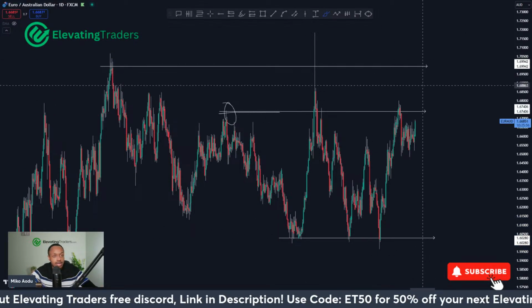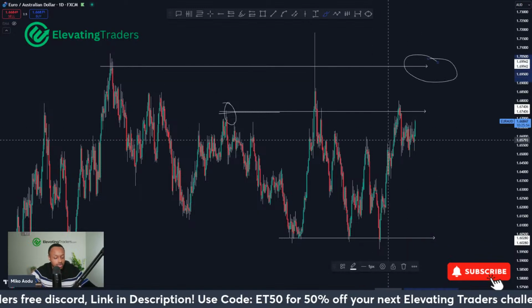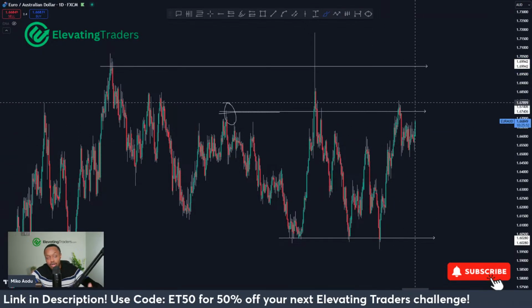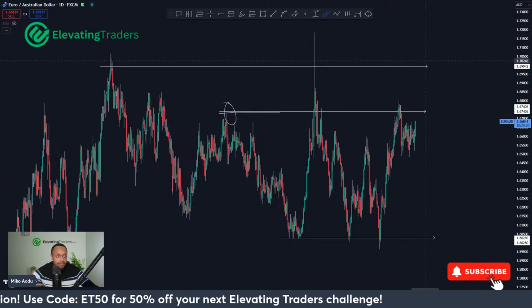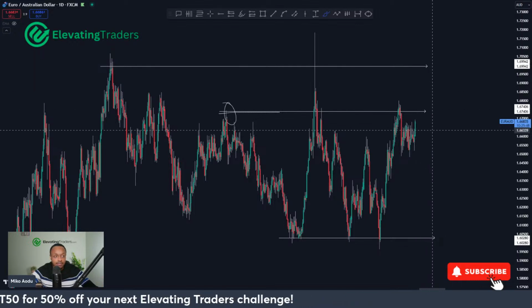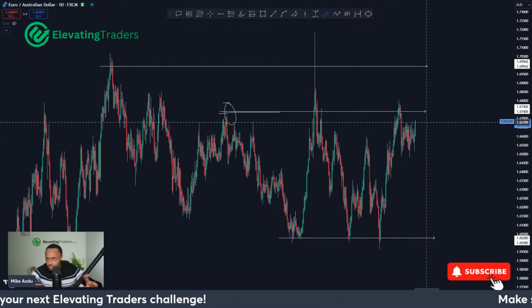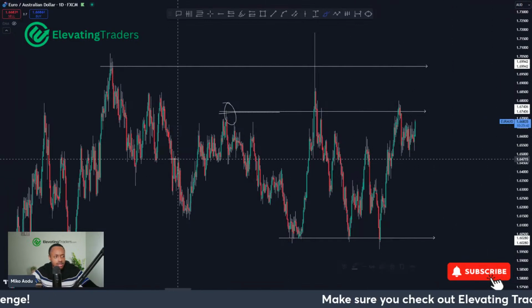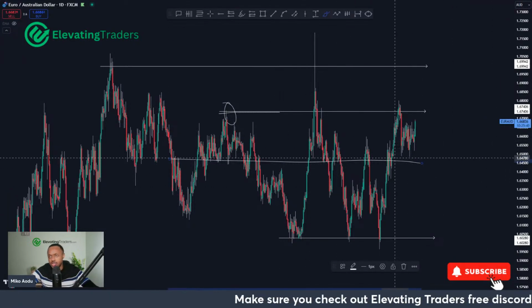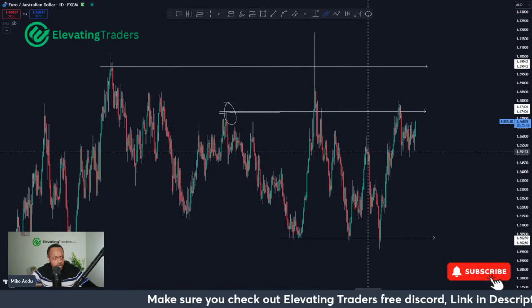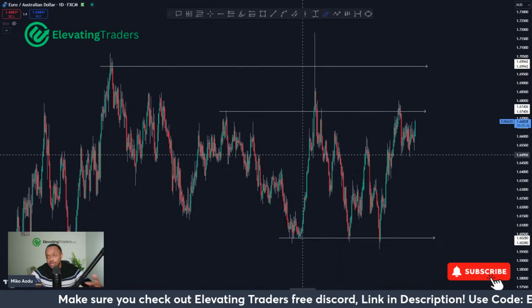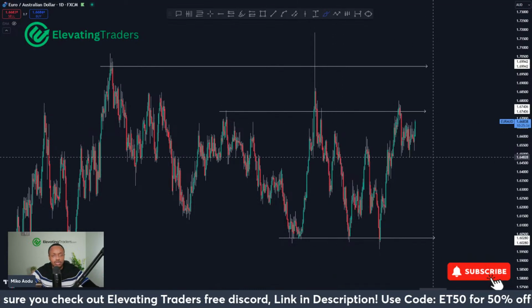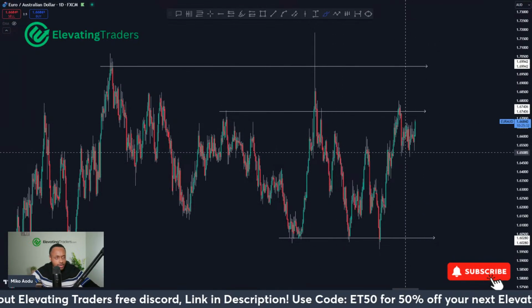Same thing when you're shorting, be as close to that as possible, because number one, it will maximize your risk reward, and number two, you will get much safer stop losses, and you can probably have some tighter stop losses as well. If you're taking entries in the middle, that's where you can get the most fluctuation, the most noise. Your stop loss is going to be at risk. You're probably going to get stopped out a lot more times, and it's just not really effective to be looking for entries in that area.